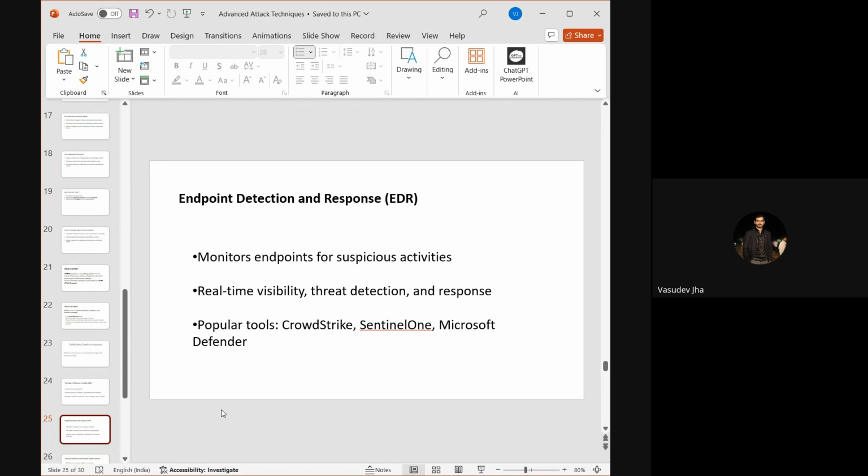By any chance, if we have malware in endpoint devices, that malware can easily travel into the internal network. So we implement this to find that malware on the first line of defense. Then we have real-time visibility; with the help of EDR, we can see what's happening. Then early threat detection and response. For this, we have popular tools like CrowdStrike, SentinelOne, and Microsoft Defender.